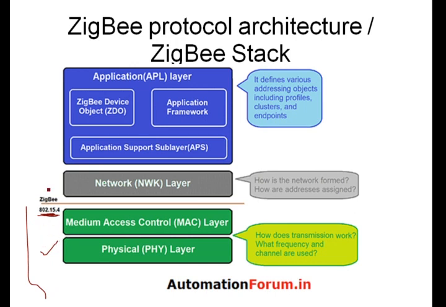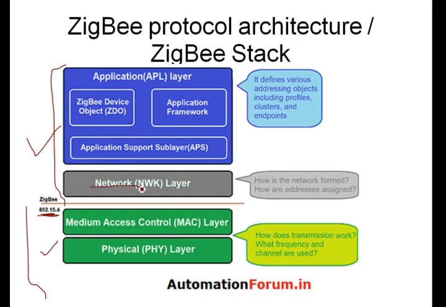These are the layers of Zigbee, and this lower part is nothing but the part of 802.15.4, where we have already seen the physical layer and MAC layer.